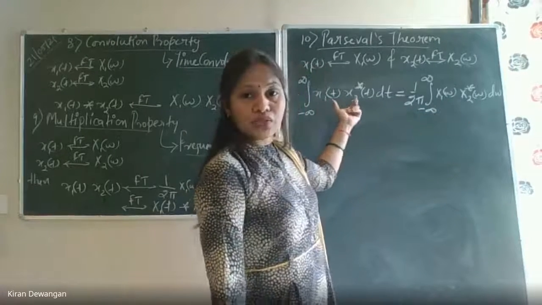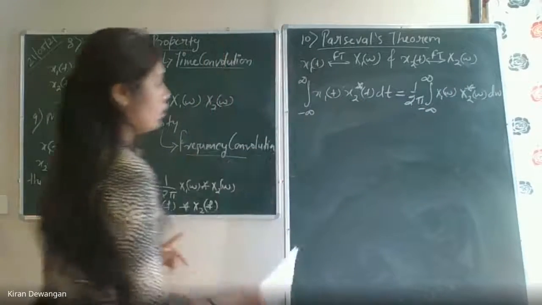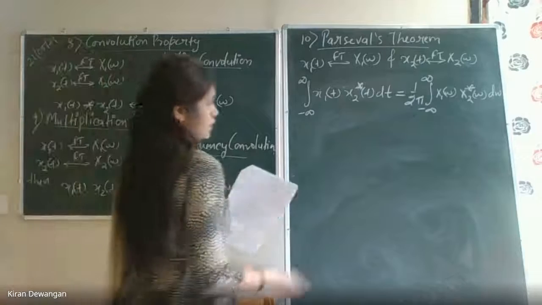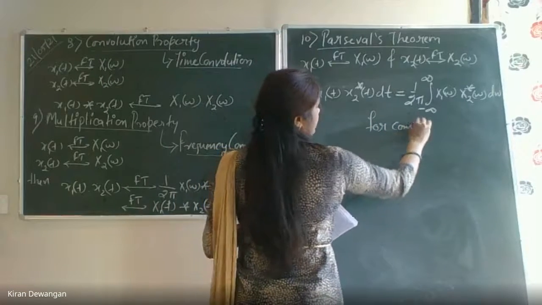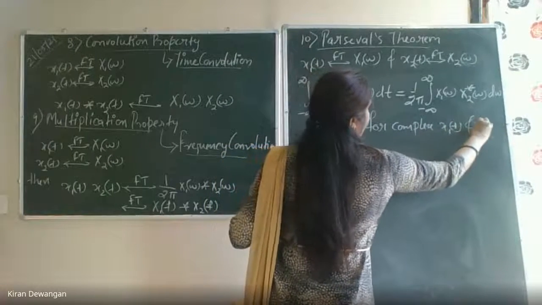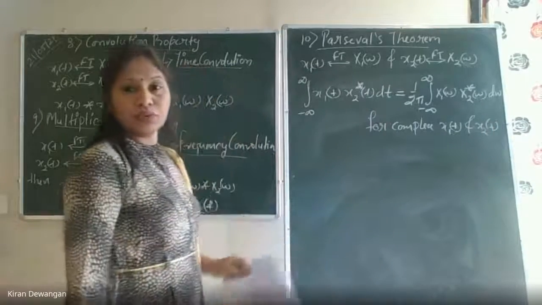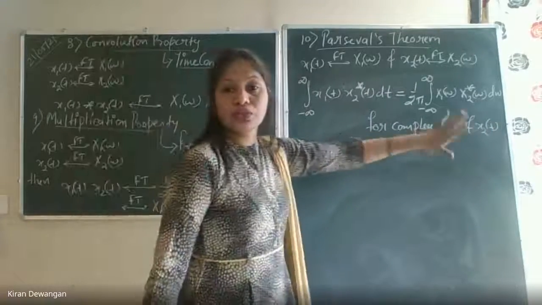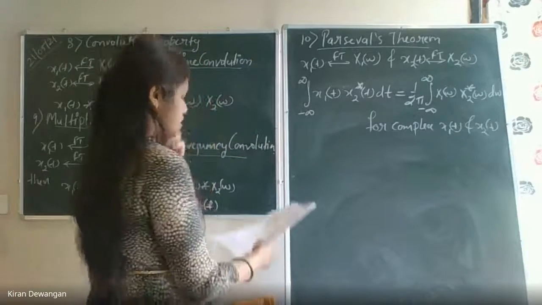Here I took x1(t) x2 conjugate, that side it will be X1(omega) X2 conjugate (omega). That is definitely for complex x1(t) and x2(t), meaning x1(t) and x2(t) have to be complex functions. So this is our Parseval's theorem.